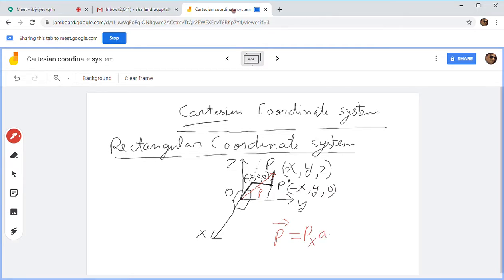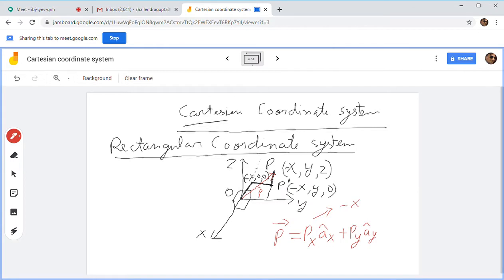Okay, this will be Px ax, where ax is the unit vector and Px is the magnitude of what we have traveled in x direction. So here you should understand that Px will be your minus x. Now it will be Py in ay direction.